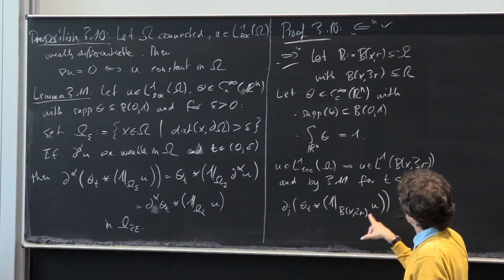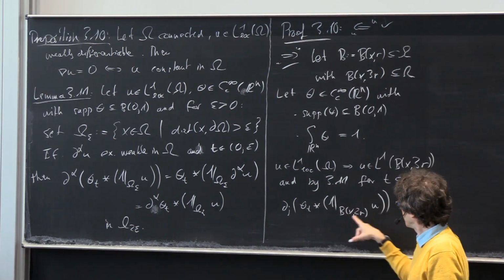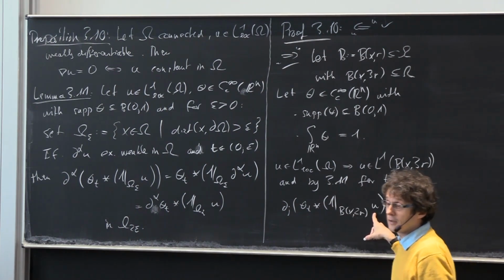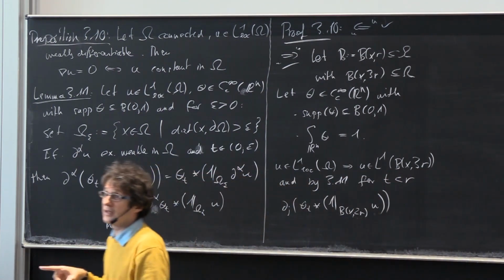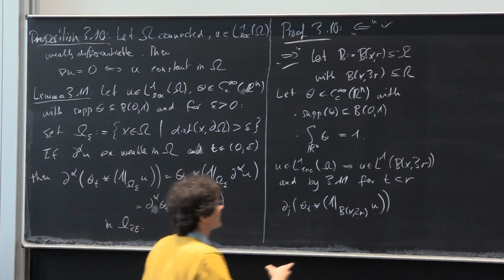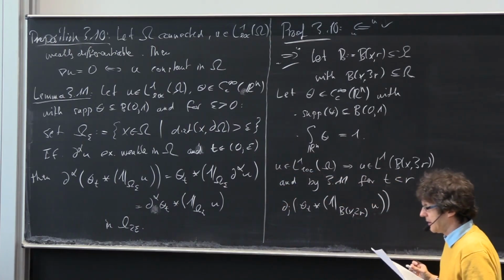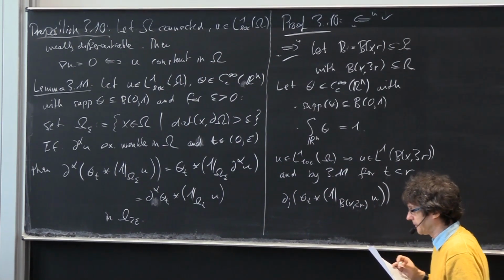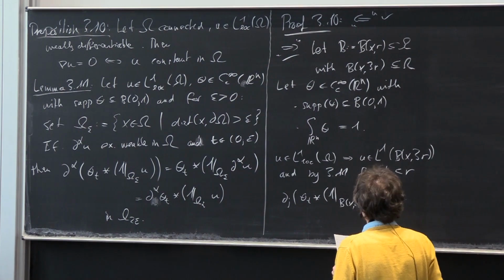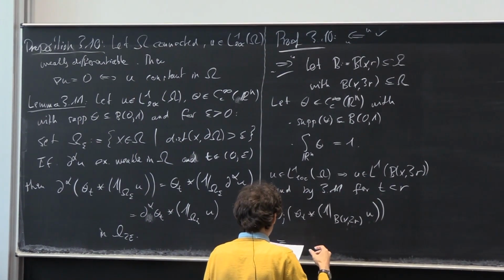So the support of this function has, in every direction, a distance to the complement of omega of at least r, because the ball with radius 3r is still in omega. So t is less than this distance, so we are in this setting. Okay, so we can take this derivative in here by 311.